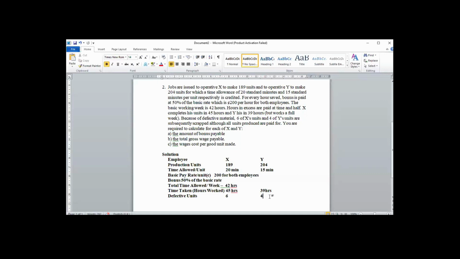Do you know how to convert units to hours? 60 seconds make 1 minute, 60 minutes make 1 hour, 24 hours make 1 day, 7 days make 1 week. Take 20 minutes: how do we convert it to hours? That is 20 divided by 60. Anything you get will be in hours.